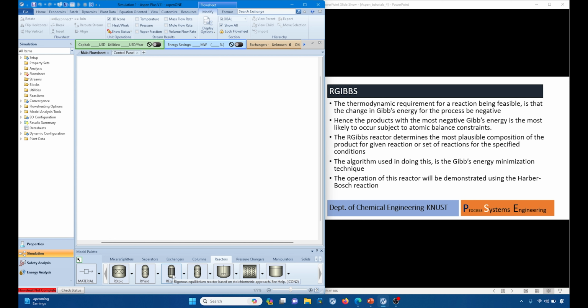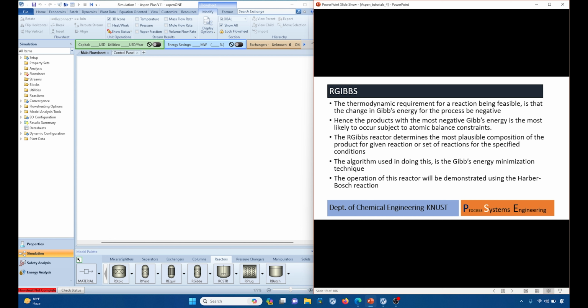So based on that principle, if there's a set of possible reactions of components, RGibbs determines the combination of products that leads to the lowest or most negative Gibbs energy. So that's the assumption the reactor operates on. It assumes that the system that will result in the lowest Gibbs energy is the most likely to occur, and as a result, those determine the product composition.